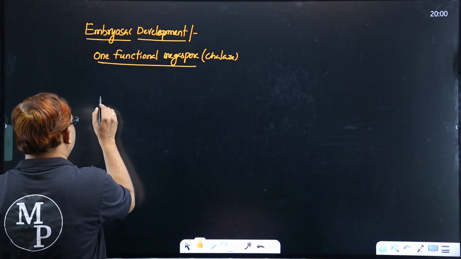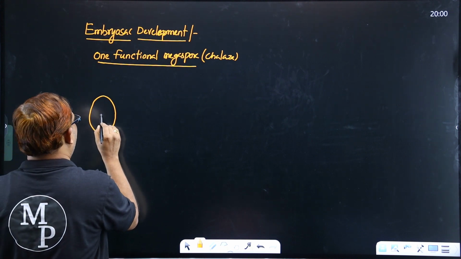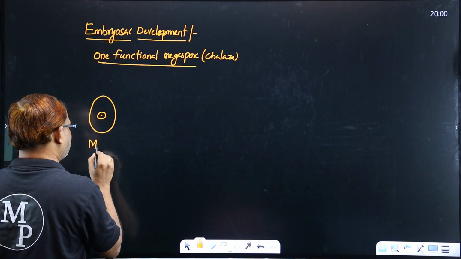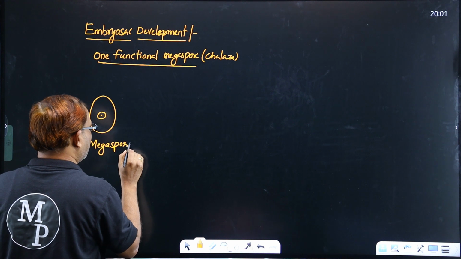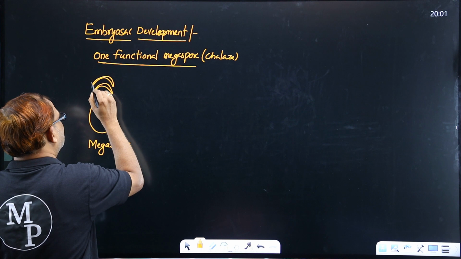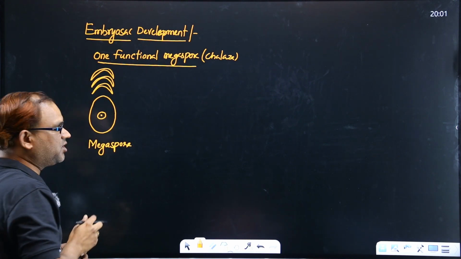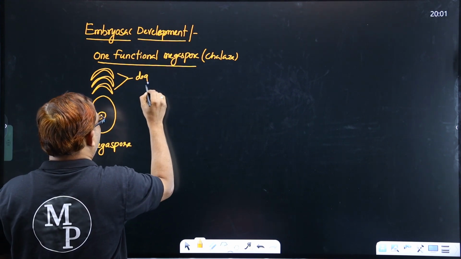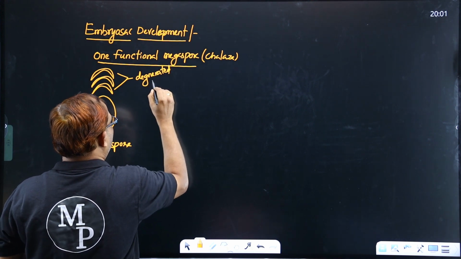See all of you, this is the first one, right? This is the functional megaspore. Then these three are degenerated megaspores.